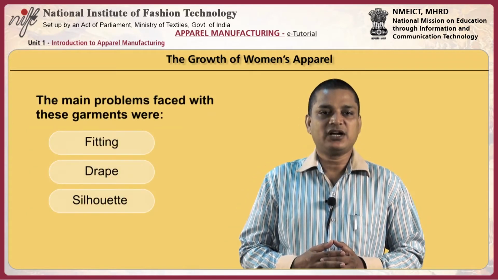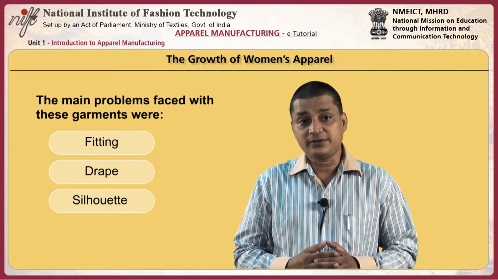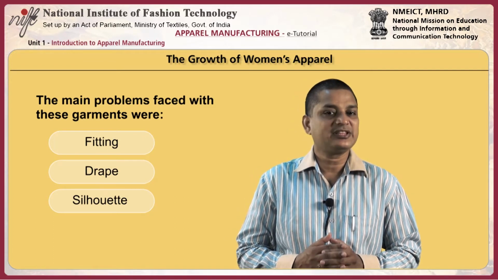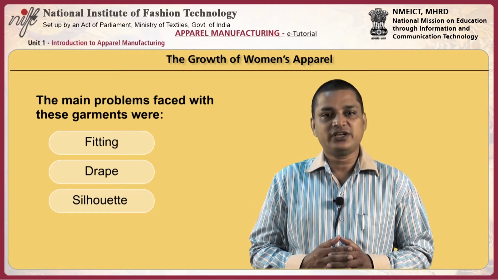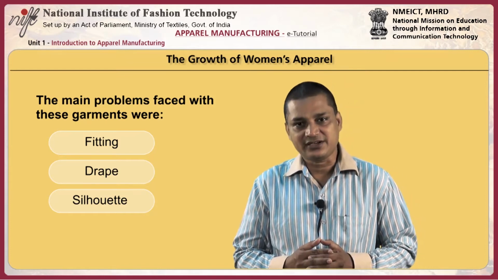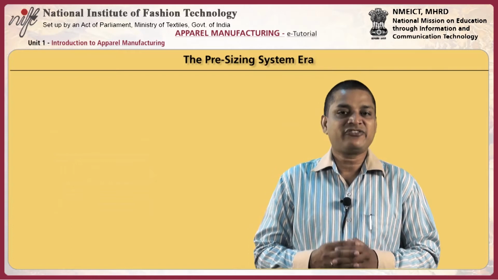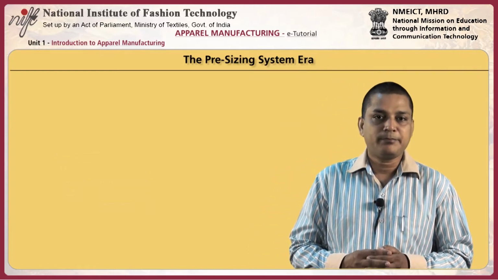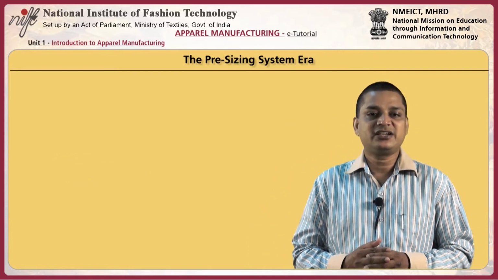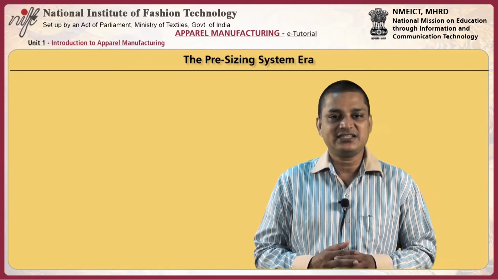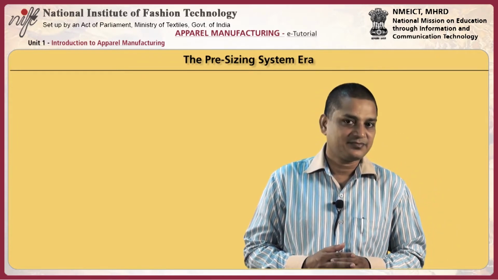However, RTW garments were found to fit poorly. The main problems faced during that time with ready-to-wear garments were regarding the fitting, drape and silhouette of these garments. Inadequate data about body shape and measurements resulted in the absence of a standard size chart and sizing system.